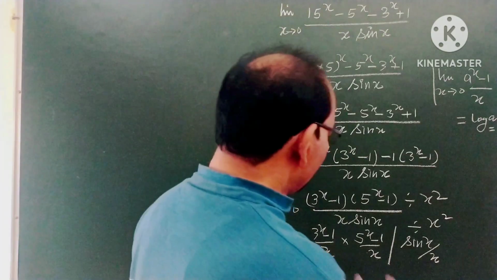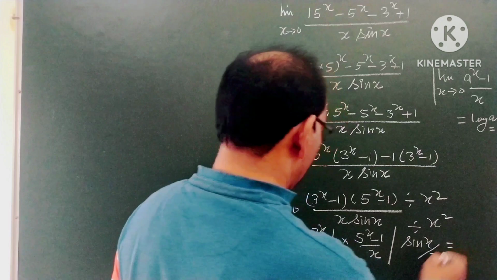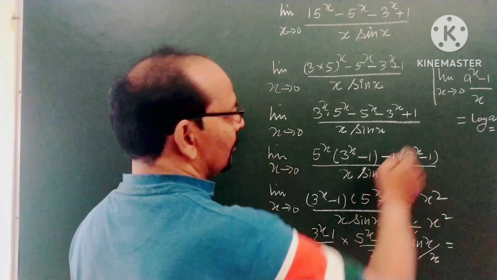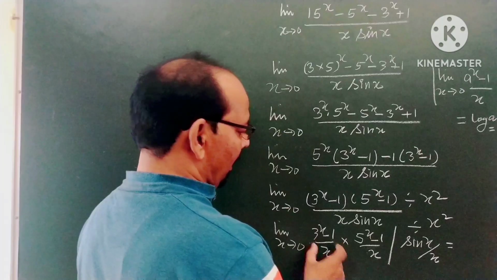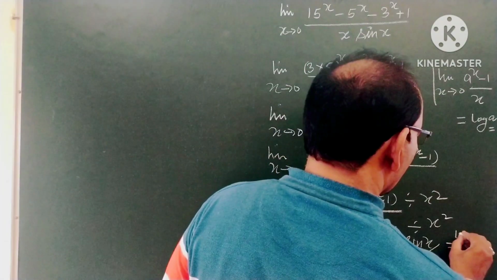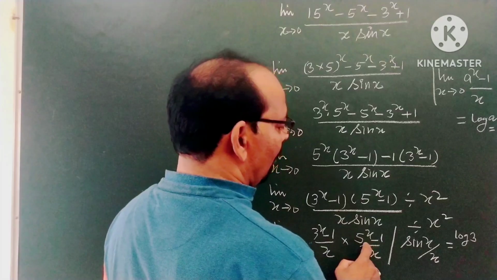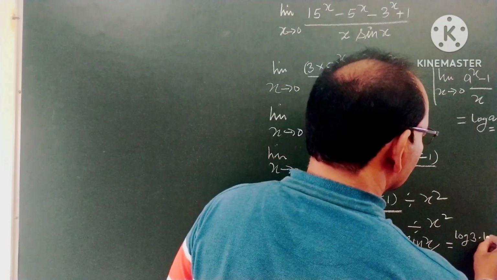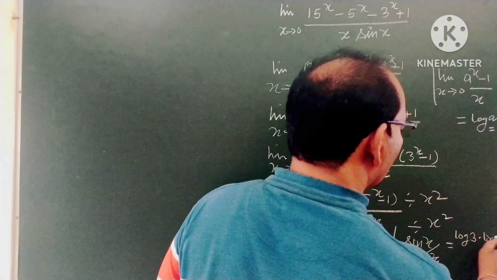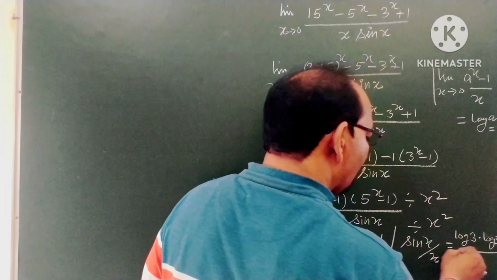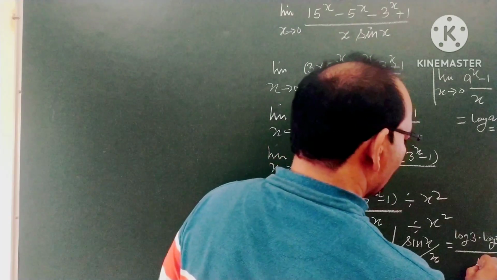Find the separate limits of numerator and denominator. The limit of each of these forms is log 3 times log 5, and upon sin x by x, which is 1.